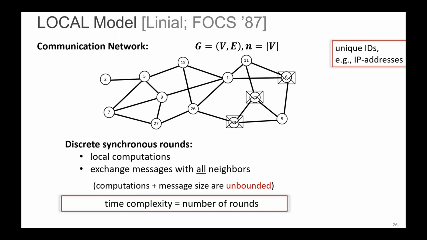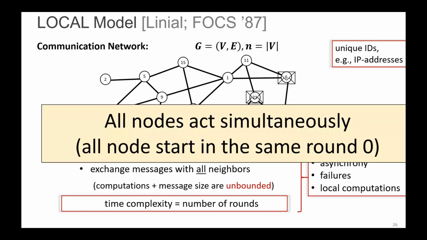And we do not charge the vertices for the local computations. And also the message size is unbounded. So the complexity is only the number of synchronous rounds until we've solved the problem at hand. One thing to point out here is that all nodes act simultaneously and all nodes start in the same round 0. So this model abstracts away a lot of things, but it's one of the classic models in that area.